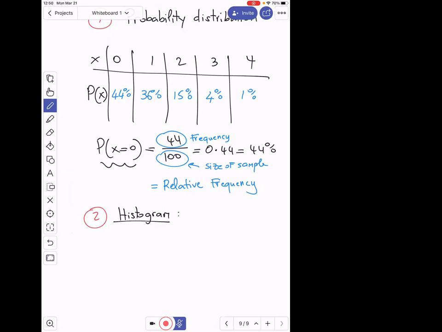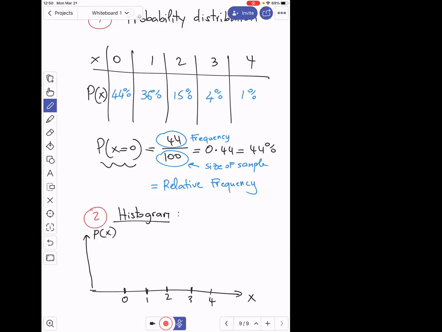Here we have a finite number of values of X. For the histogram, the horizontal axis is your X axis, so here we have 0, 1, 2, 3, and then 4. The vertical axis is your probability of X, that's your relative frequency, in other words.